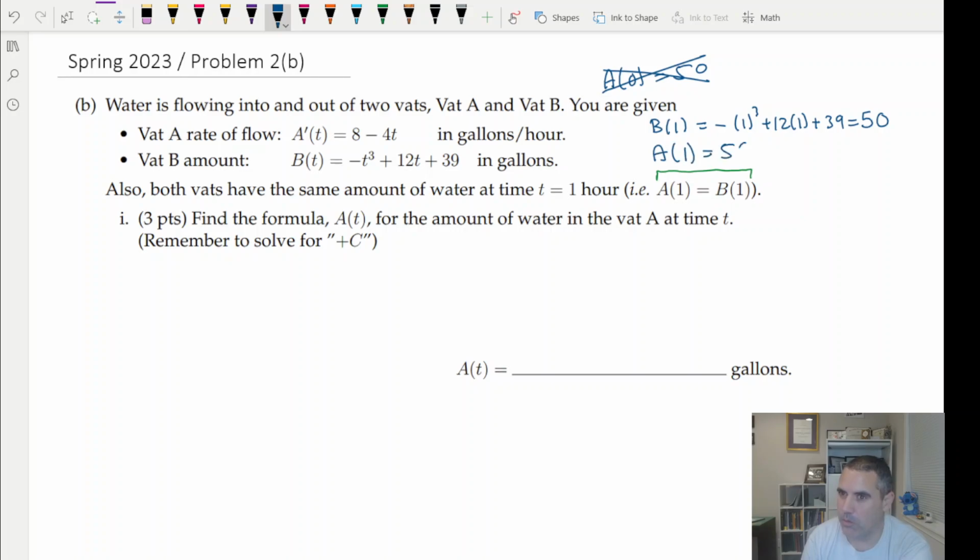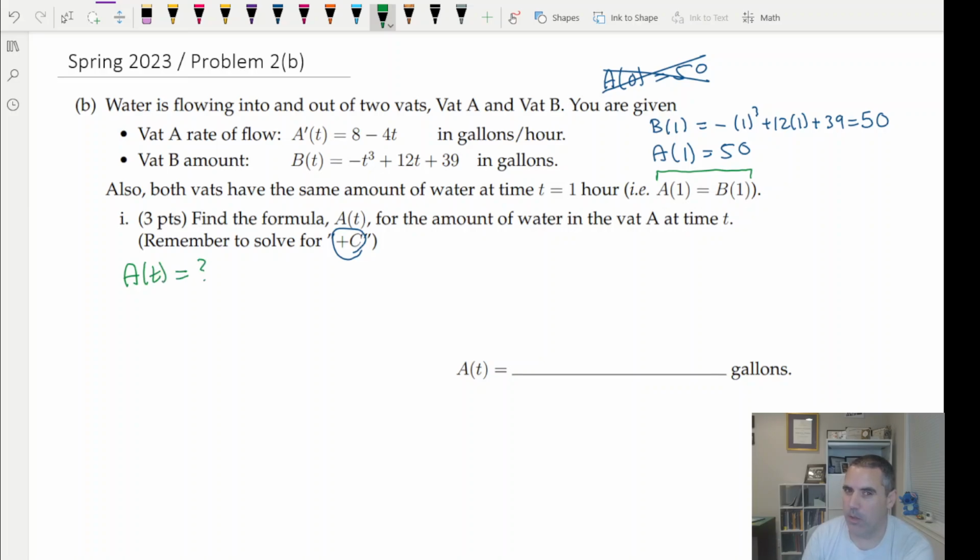And this is an important comment about any time you're finding the constant and someone gives you an initial condition. They're giving you an x and a y, or in this case, a t and a y. So let's summarize what that says. We want to find A of t. That's what the question's asking.